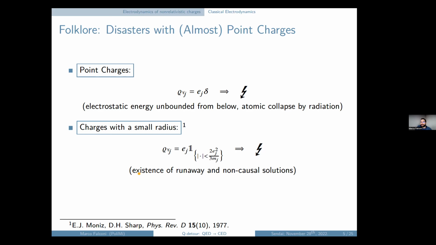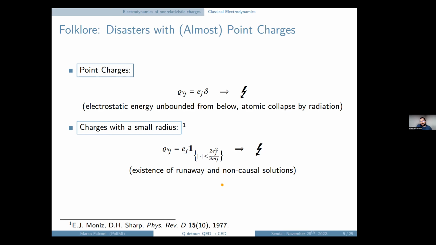In particular, we have the existence of so-called runaway solutions, solutions that accelerate forever. Even if the particle is very far away, isolated from where the original electromagnetic field was, we still have a continuous acceleration of the particle that runs away indefinitely.